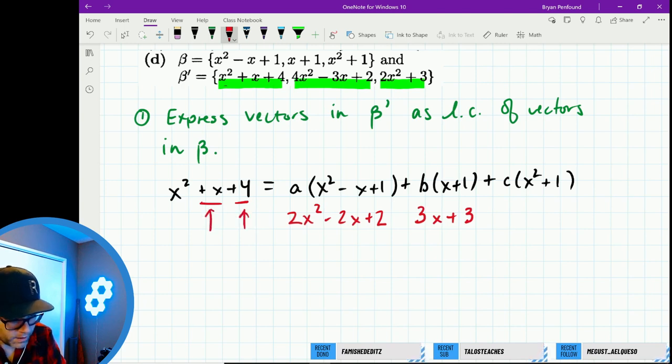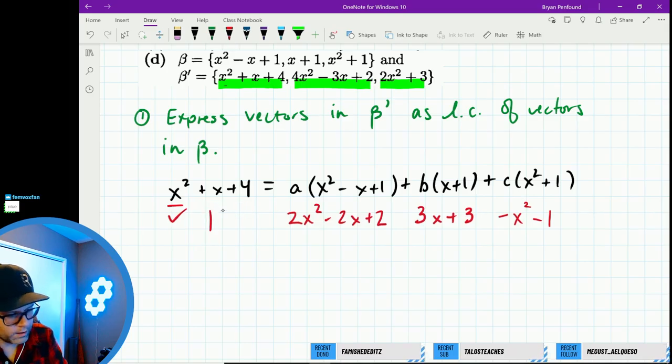So now we have that one in place. C would then have to be -1. If C was -1, that would give us the single x squared that we want. And then we'd have 3 plus 2 minus 1, which would give us the 4.